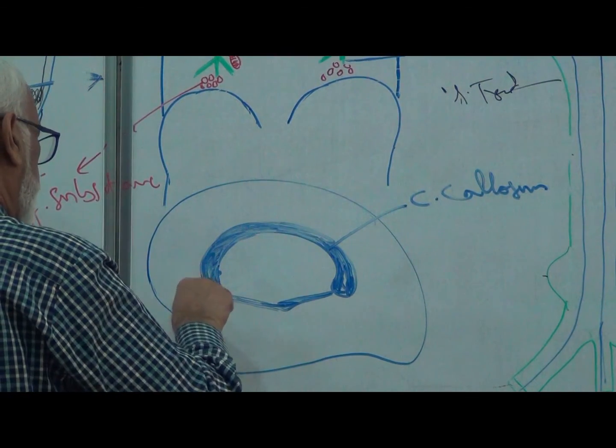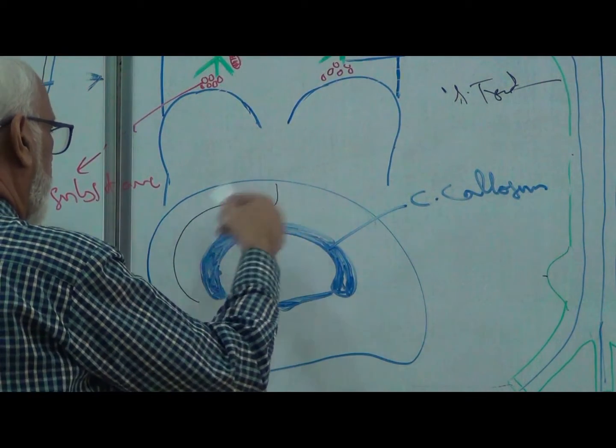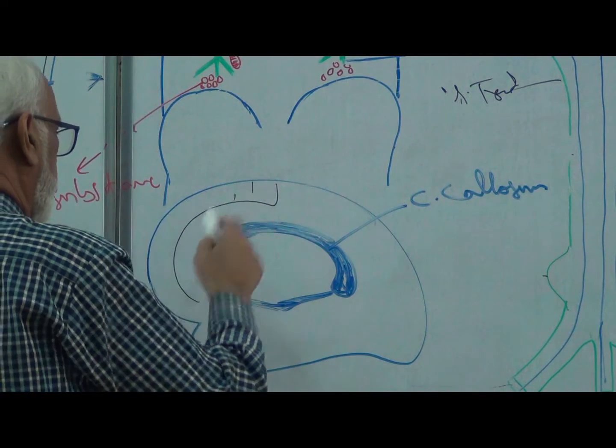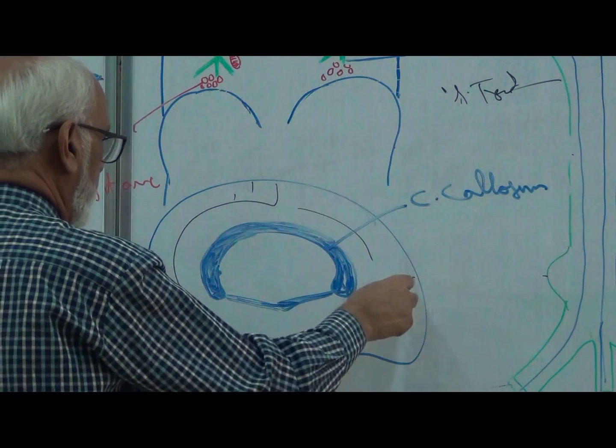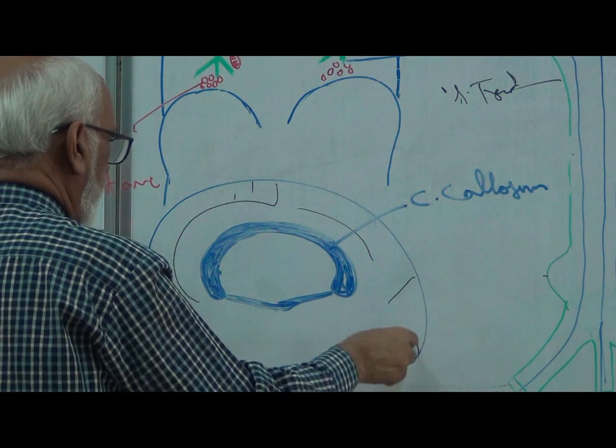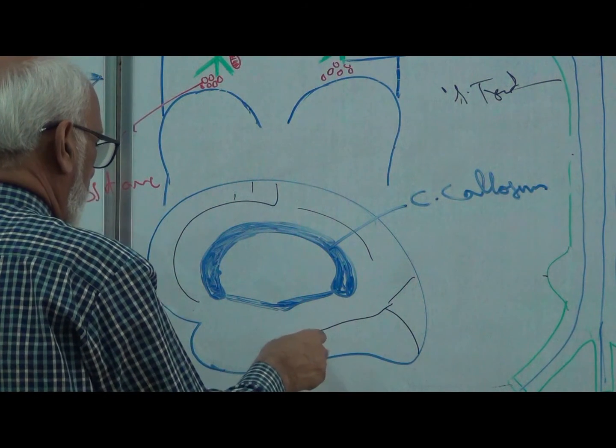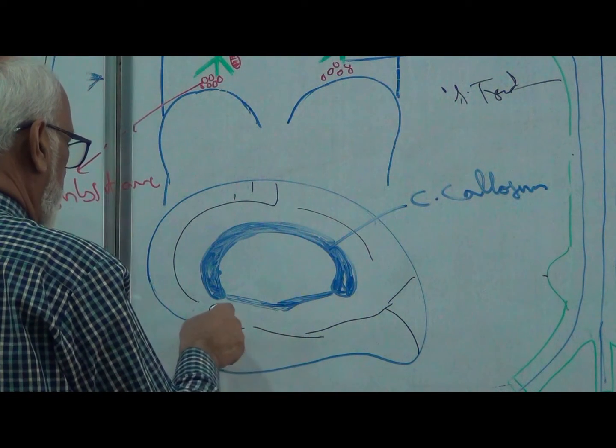Here is the cingulate sulcus and cingulate gyrus, the parieto-occipital sulcus, collateral sulcus, and then the rhinal sulcus.